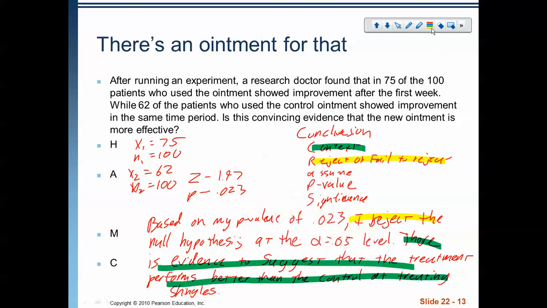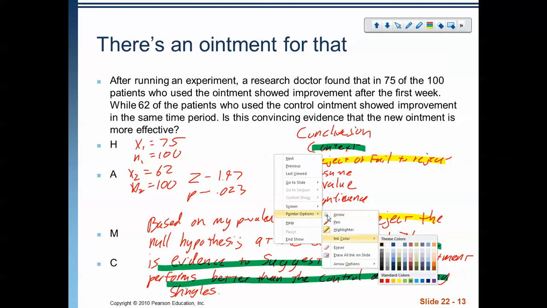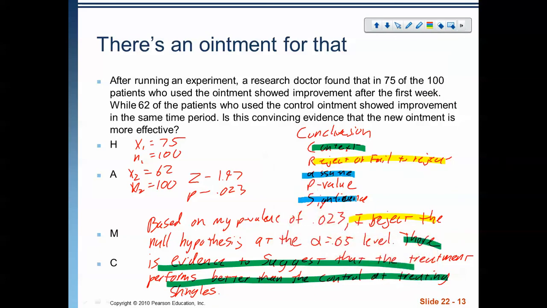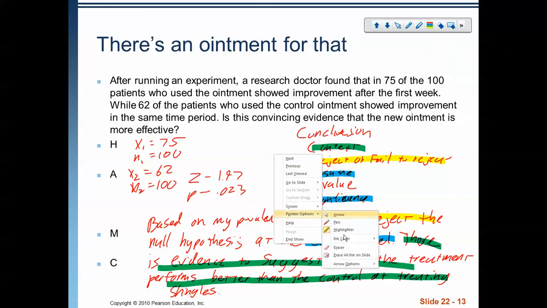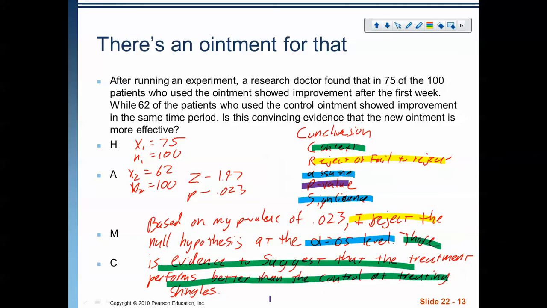Let's try this again. Light blue. Assumed significance is me stating that right there. And then finally, the part where I do my p-value, we'll do in purple, is that right there. Right? So all parts of a good conclusion are there.